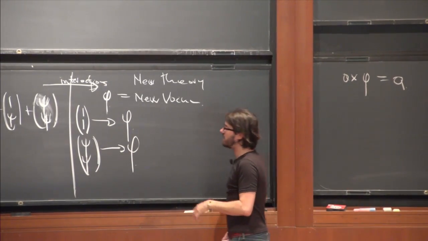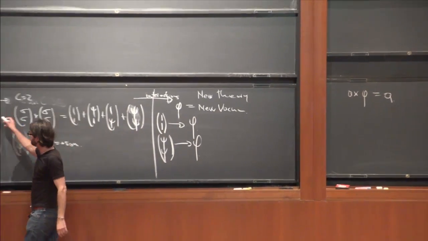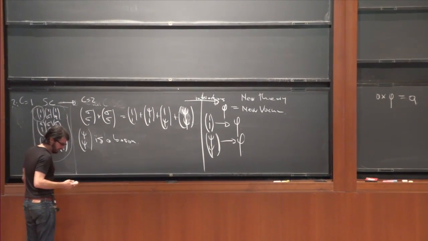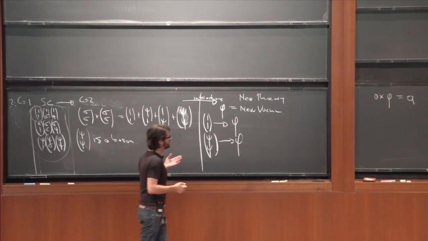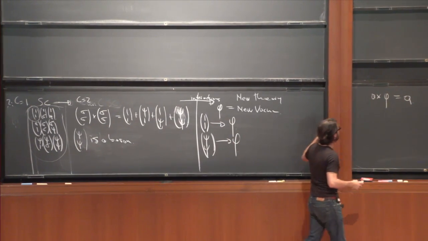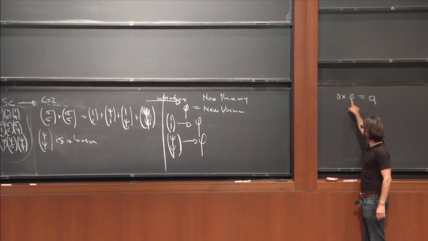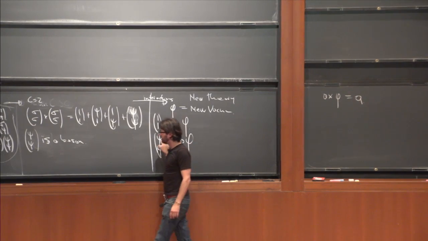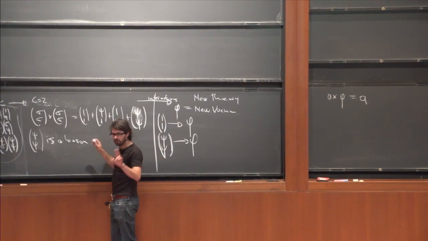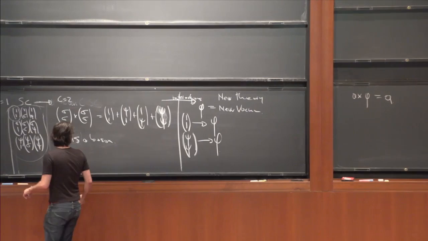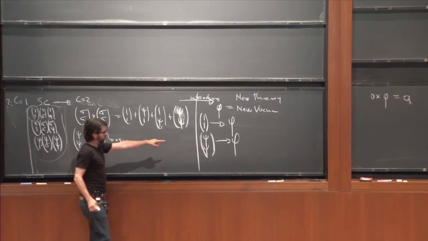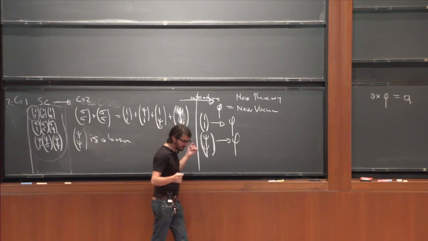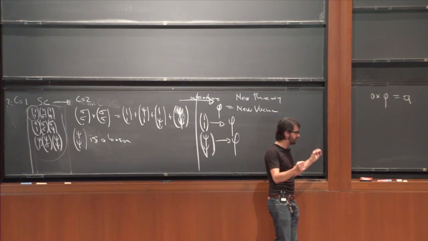If I want to make a map between the old particles of the two C equals 1 layers of a superconductor and the new theory, I must identify every particle that fuses with a vacuum to the same particle. But since my vacuum in the old theory was this non-trivial psi-psi particle, when this new vacuum fuses with a particle in the old theory, it can give me two different results that now need to be identified.